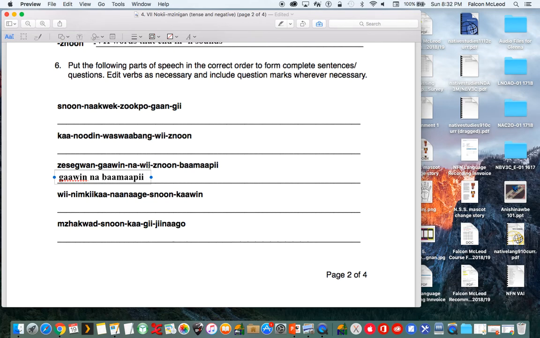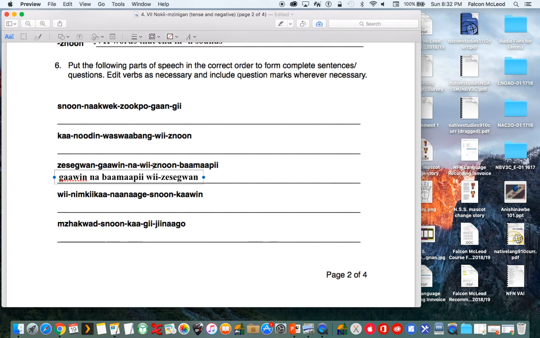So we have our future tense marker here. So that goes before our verb. So we're going to go we, then our verb here, zeseguan. Zeseguan.